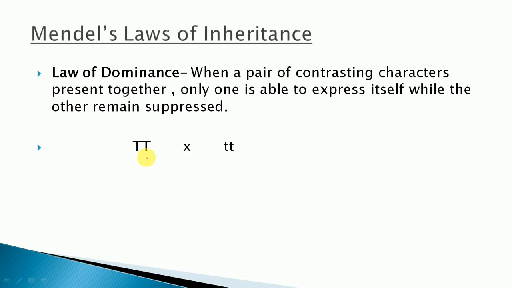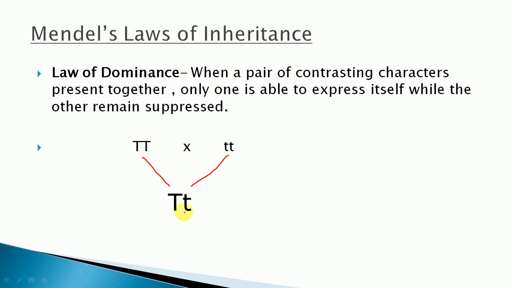A plant which has the alleles capital T and capital T. As we saw in Mendel's experiment, we always start with the pure form of the characters. So the other plant has small t and small t. Now if we cross it, then in the F1 generation we will get capital T and small t, which is the dominant form of that character.